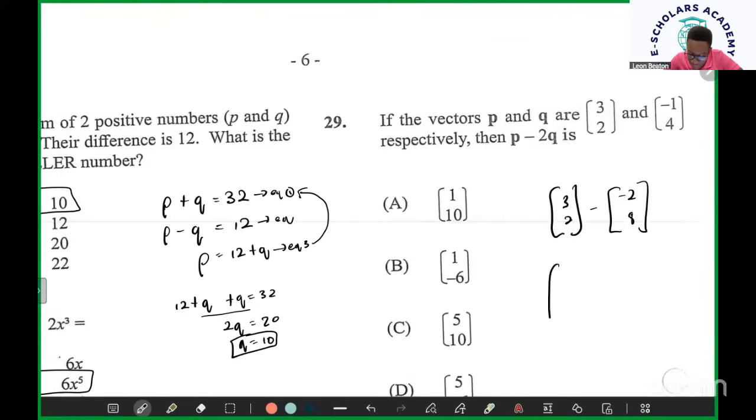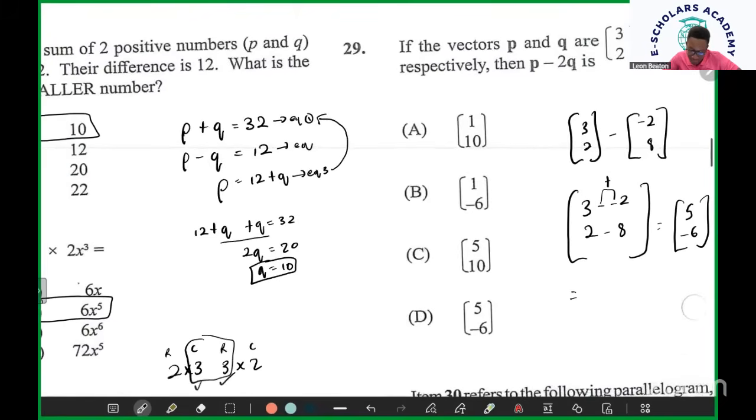So now we'll have 3 minus negative 2 and 2 minus 8. These two negatives will turn to a plus, so 3 plus 2 is 5, and 2 minus 8 would be negative 6. So (5, -6), which is D.